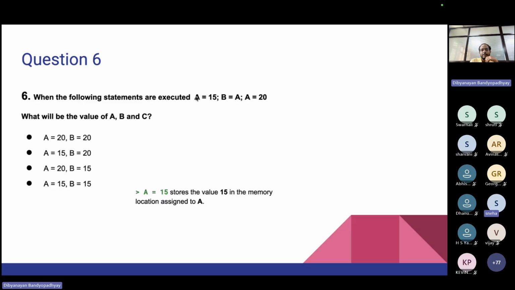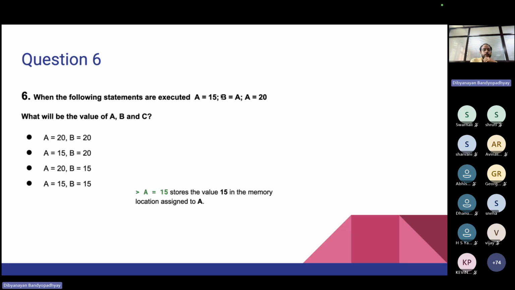Inside that particular memory, this value 15 will be created. Let's suppose A is allocated, not location 15, let's say 156, an arbitrary location. In location 156, this value will be allocated inside the RAM.